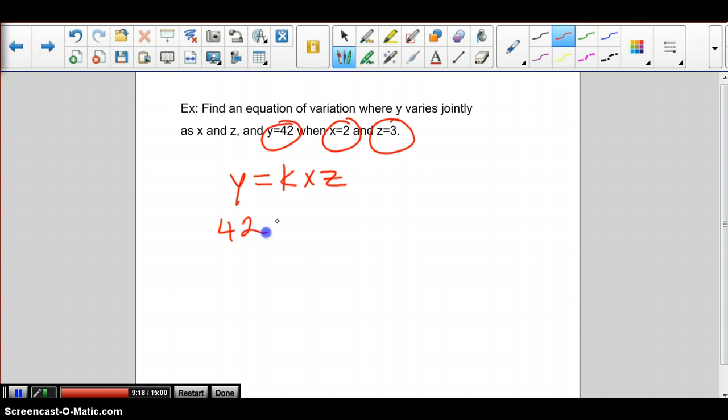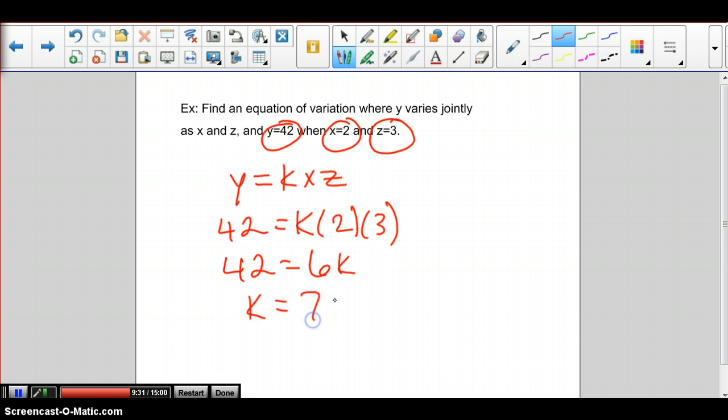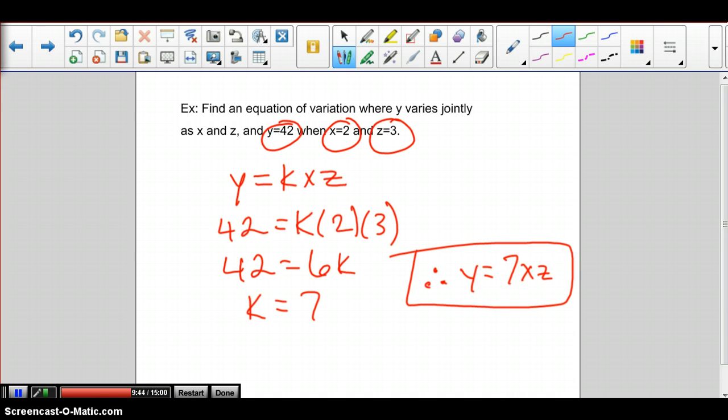So 42 equals k times 2 times 3. 42 equals 6k. Divide both sides by 6, and I'm going to get k equals 7. Again, not done yet. My final answer will be an equation, because that is what they're asking for. And here we are. That's our final equation.